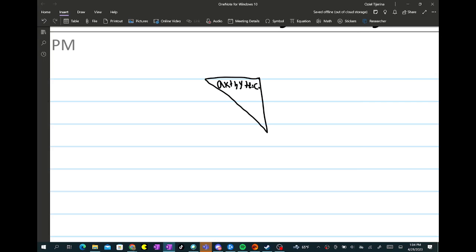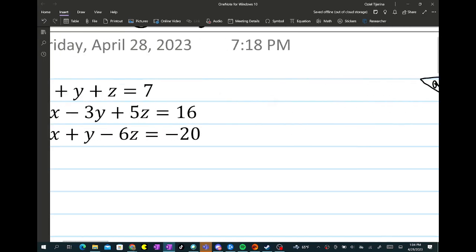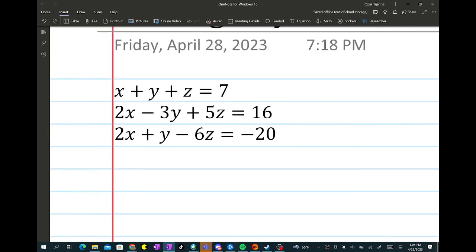And then gy plus hz equals k, and z is equal to some number f. You basically want it to align as a kind of triangle, and you'll understand what I mean when we get to that point at the very end.